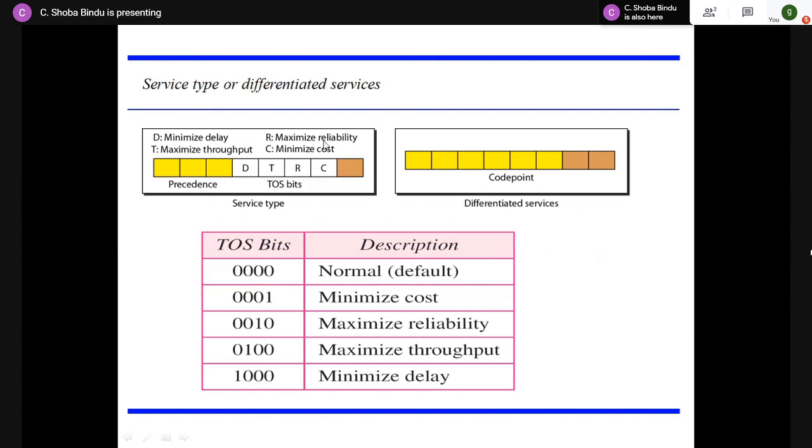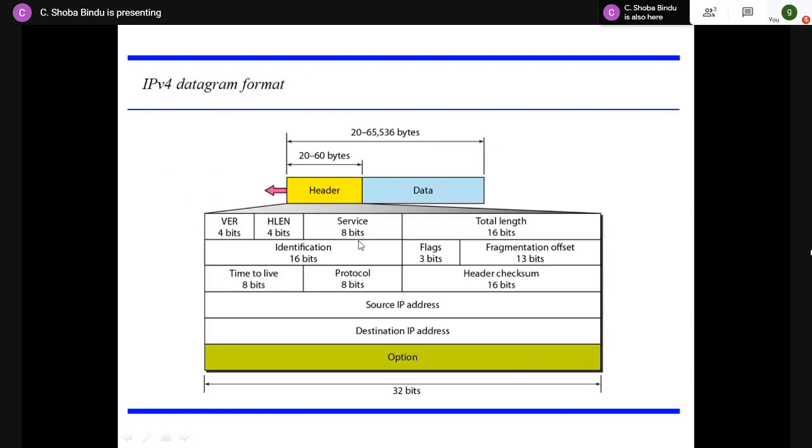The next is maximum reliability. Without any error, without any dropping of the packet, it has to reach the destination. And the last bit is minimize the cost. With less cost, you need to deliver this packet. So these 4 bits represent the type of service that we require. The last bit is not used in this service field.